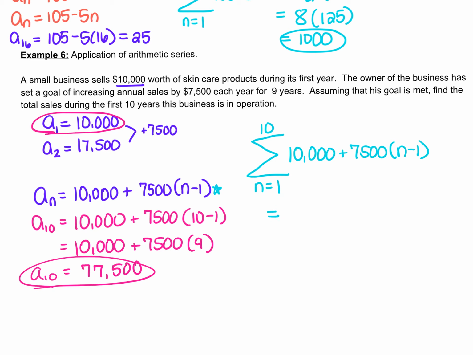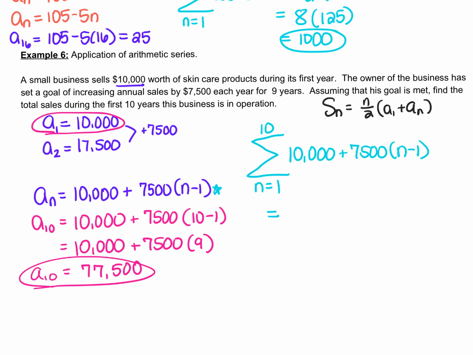Now from there, we use our formula that we talked about up above that Gauss sort of discovered or used in his head, right? He used this idea that you take a sub 1 and a sub n, add them together, and then multiply that by half the number of terms that there actually are. So we're going to do that. Sorry, let's figure out half the number of terms first.